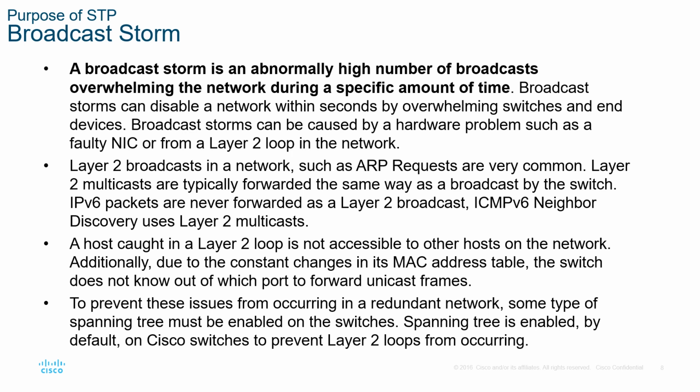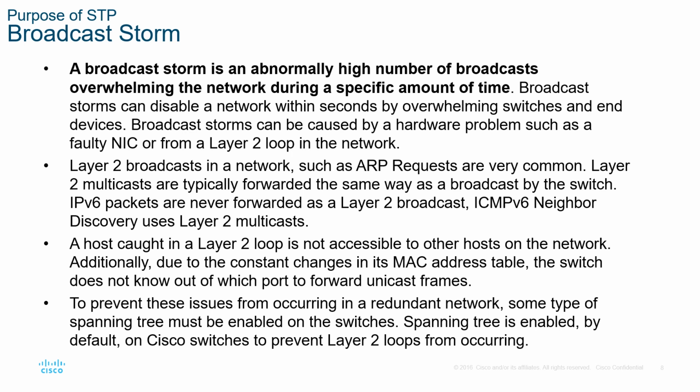For a layer 2 broadcast in a network, such as an ARP request, because we know that an ARP request requires a layer 2 broadcast, if the environment is not loop-free or STP is not enabled, the frame will be forwarded throughout the network.